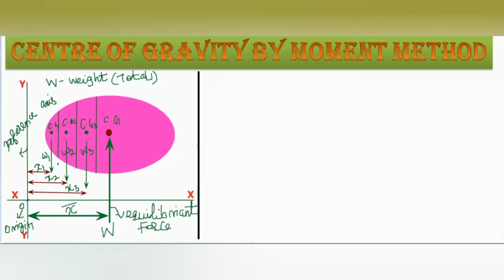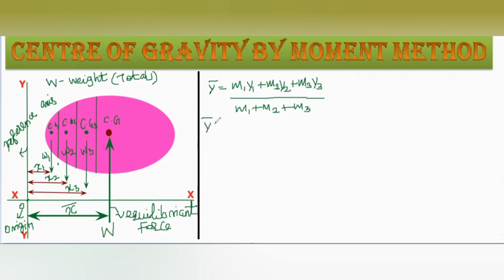So y bar equals m1 y1 plus m2 y2 plus m3 y3 divided by m1 plus m2 plus m3.